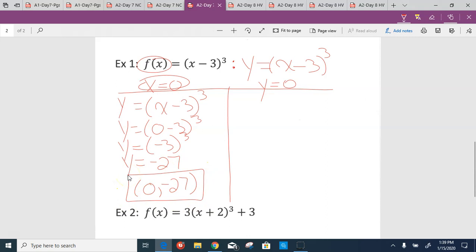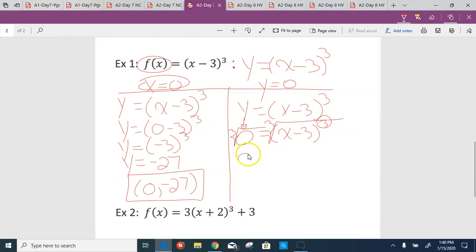Now I can do the same thing over here, but instead of making x equal to 0 in my equation, I'm going to make y equal to 0. So this will turn into a 0. And now I'm going to solve to figure out what x is. In order to get rid of this cubed function, I'm going to take the cubic root of the left side and the right side.